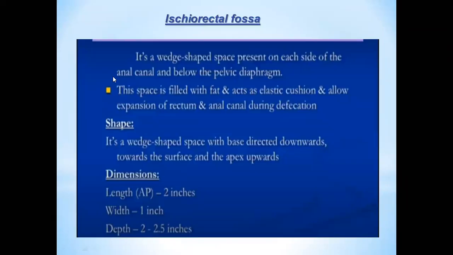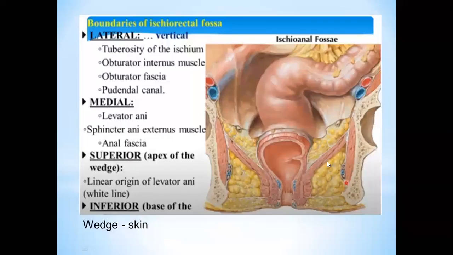This space is filled with fat, and it acts as an elastic cushion and allows expansion of the rectum and anal canal during defecation. So the fat present here acts as a cushion during the process of defecation.